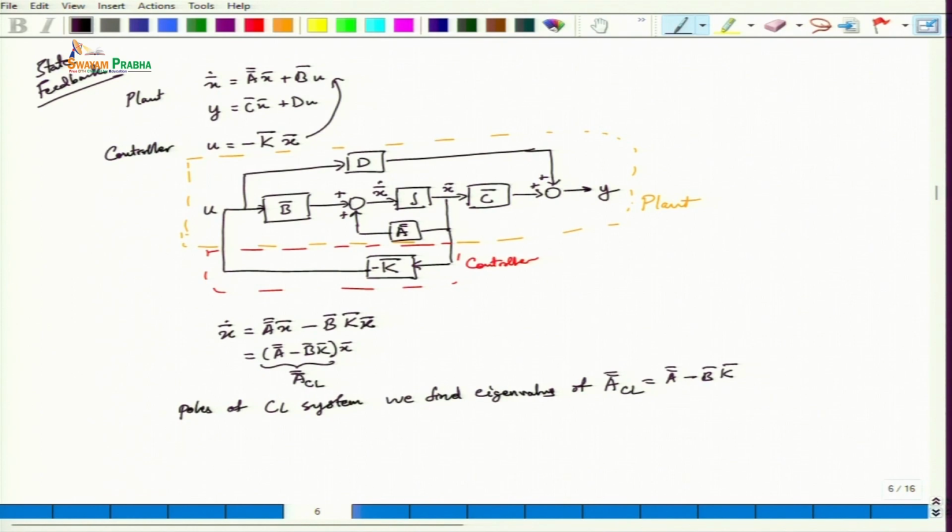So our job as controller designers is to find these gains K such that we can place our poles at any desired locations in the S plane.